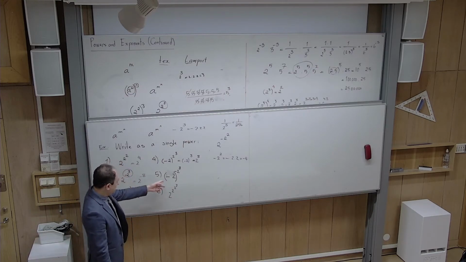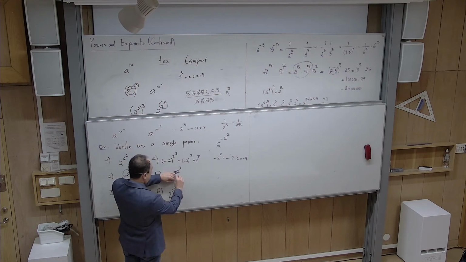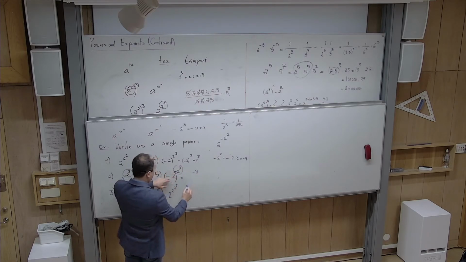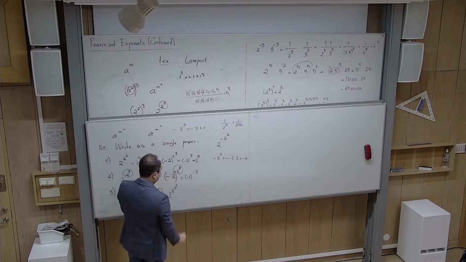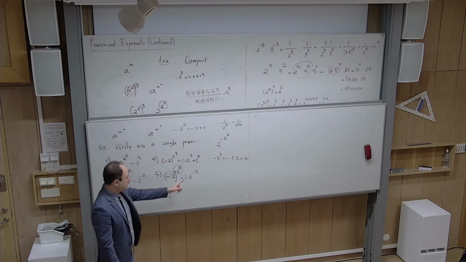So what can I write here? First, you need to ignore this in your head and then ask what the answer to this is. What is that? Minus 8. And then you put minus 2 here. Can I get rid of this minus sign? Yes or no? Think twice. Because minus 8 is even.